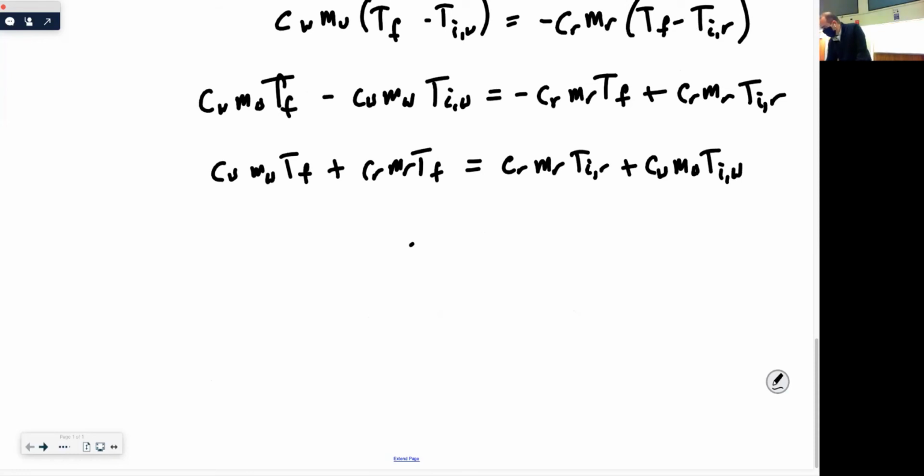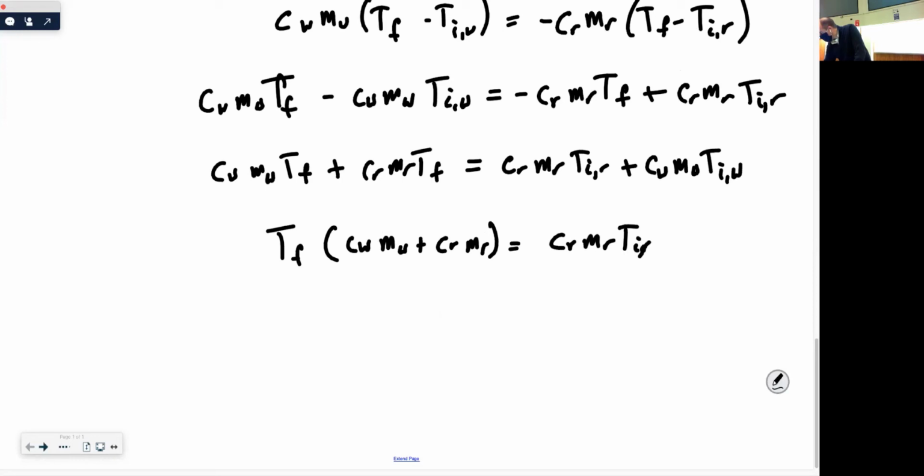Okay, so let's combine these two. We're solving this thing for TF. TF times CW MW plus CR MR equals, we got this whole thing going on over here where nothing really is the same: CR MR TIR plus CW MW TIW.